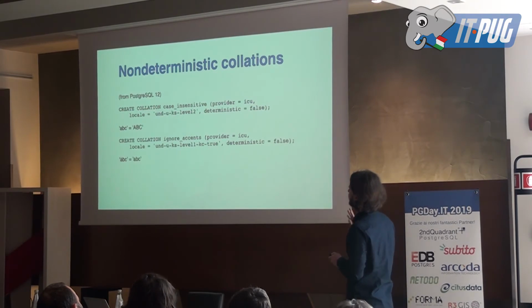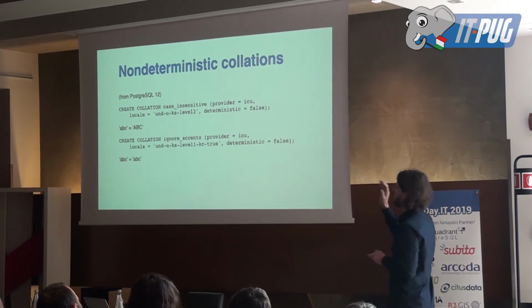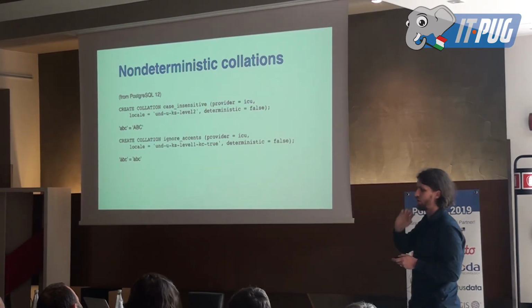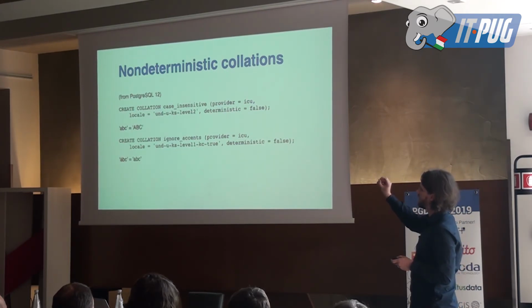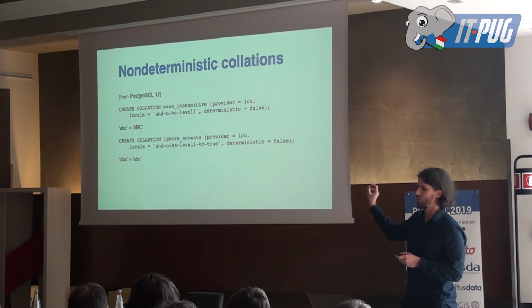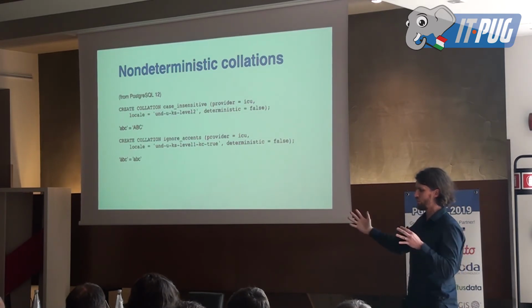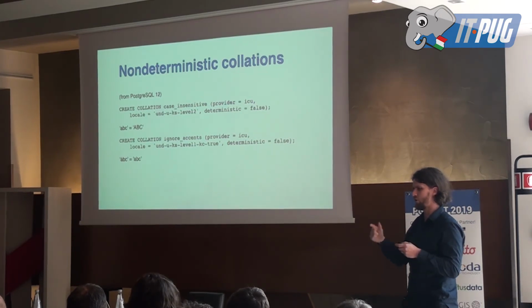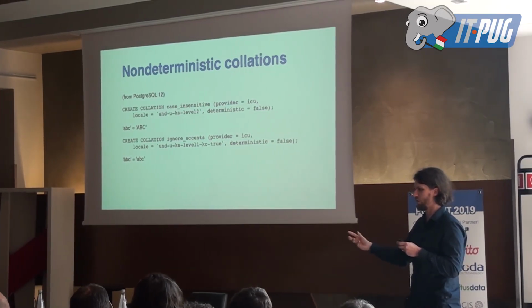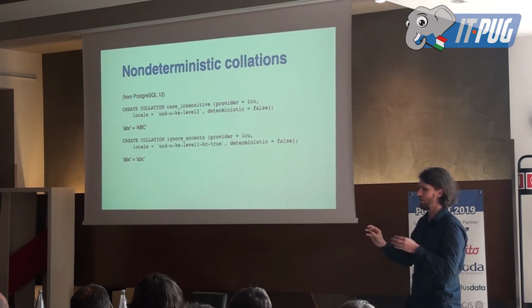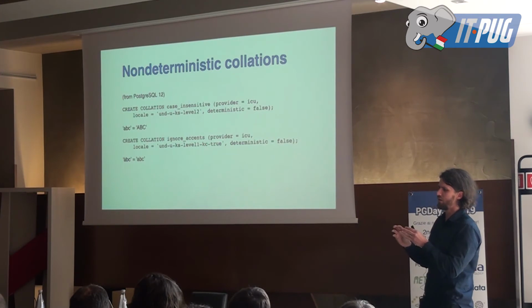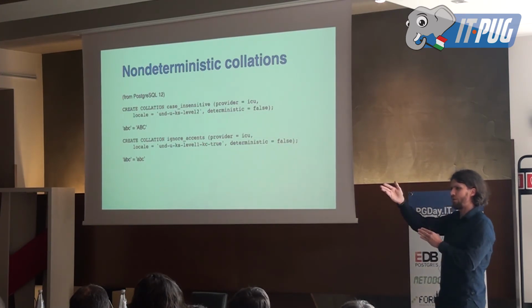Another problem is if you do this, some stuff doesn't work. Regular expressions, for example, don't work, because with this it's not even clear what a letter is anymore, or what a character is, because it compares the whole string. So there's no way you can actually do pattern matching over the string in a case-insensitive way, because it's not necessarily guaranteed that one letter corresponds to another letter in the pattern.